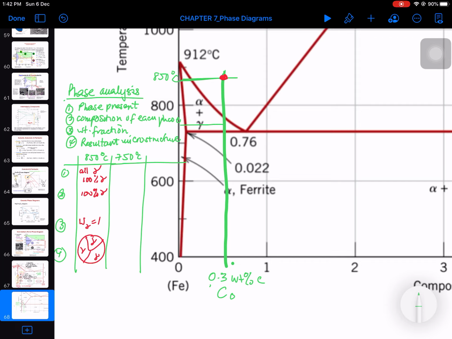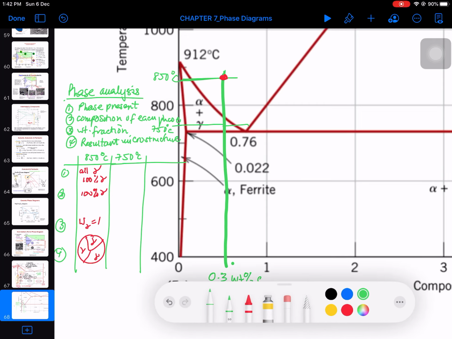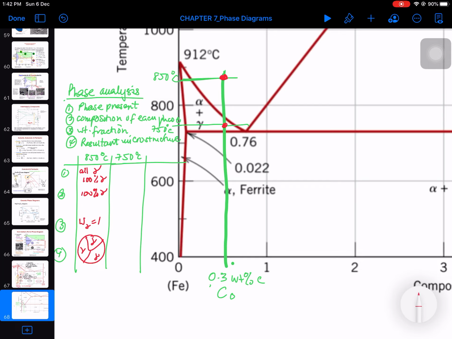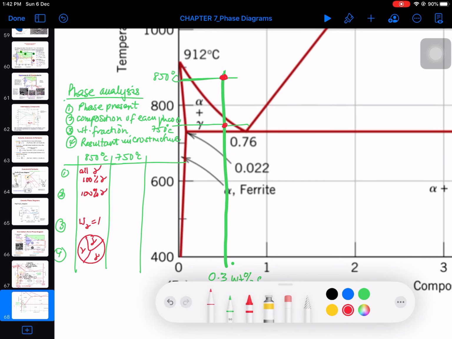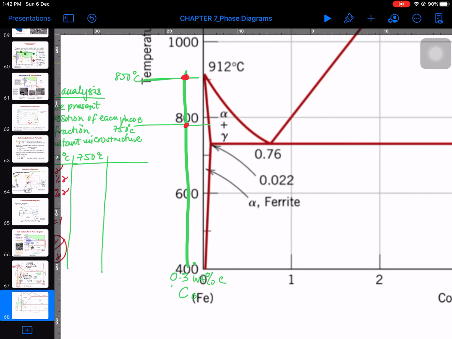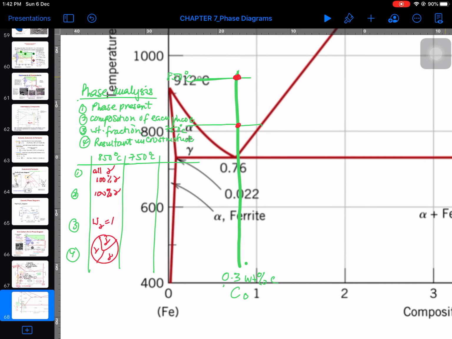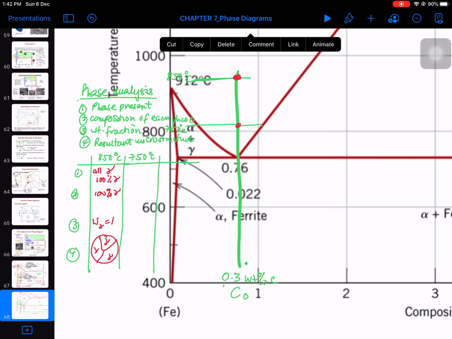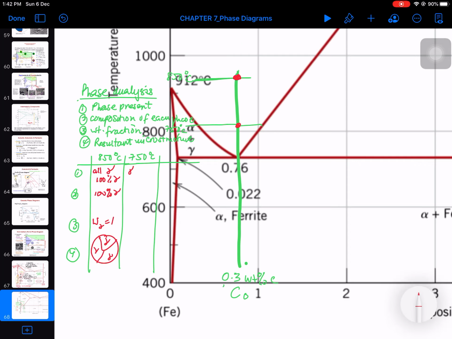So this is 750 degrees centigrade. Now the intersection point between these two is here. That point is within the alpha plus austenite region. So the phase present is alpha plus austenite.